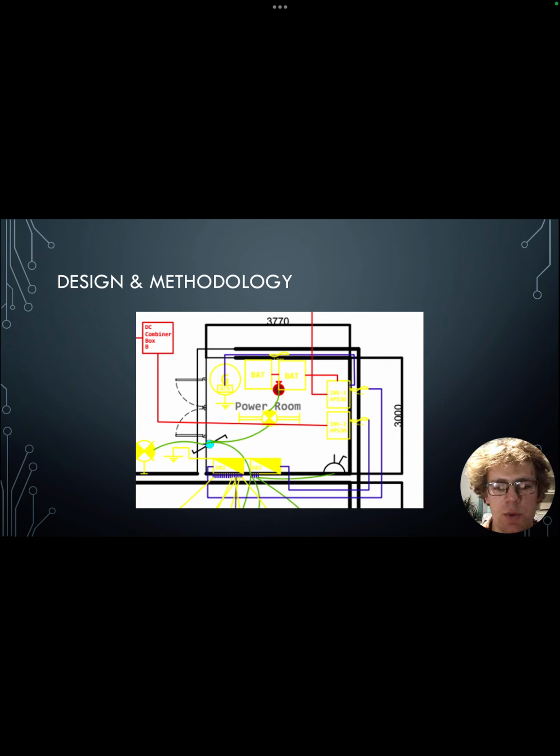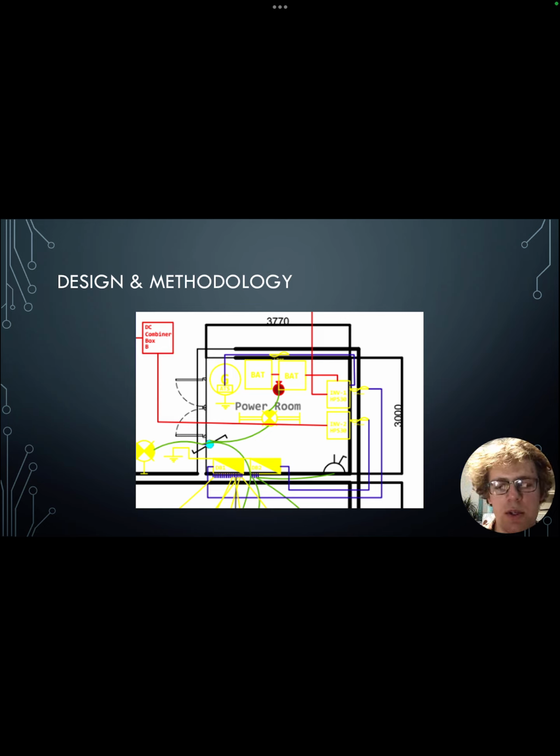Then we have the power room. This was added in because I did not want to utilize the warehouse space for placement of the generators and all of the solar equipment and distribution boards. So in the top right section, we have a generator with its own dedicated earth. Then to the right of the generator, we have the 2 lithium battery boxes containing the lithium batteries, the battery backup.